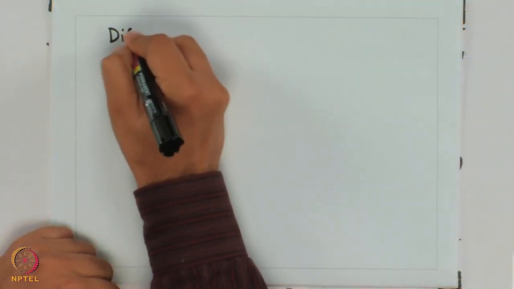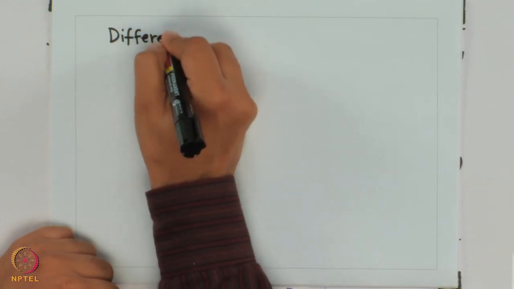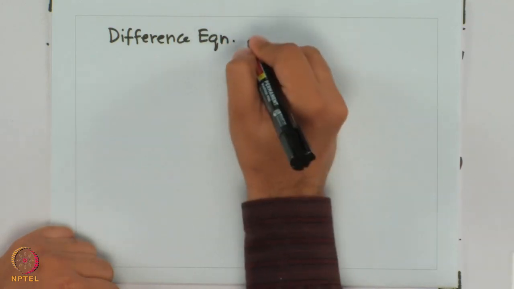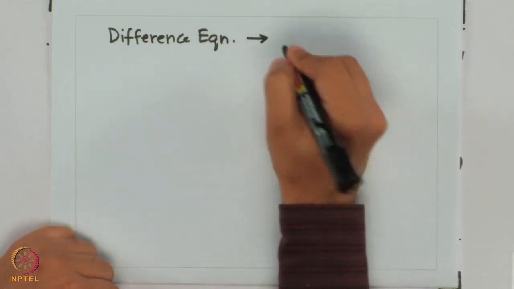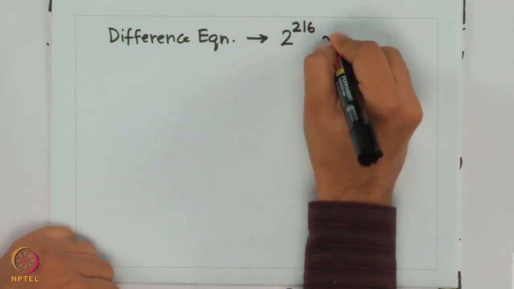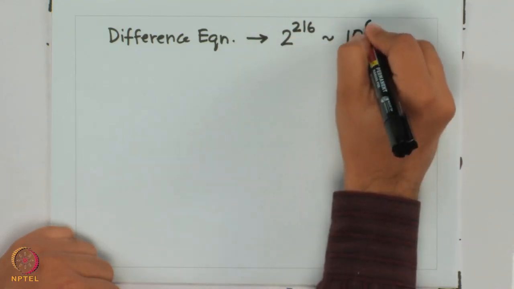So in the difference equation formulation, our answer after 3 days of unconstrained growth of E. coli was 2 to the power 216, which is roughly equal to 10 to the power 65.